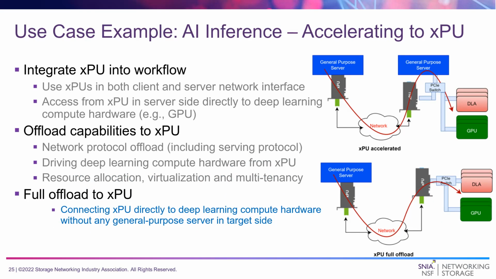Then we'll see what we can accelerate. So again, we'll place the xPUs both on the client side and on the target side. On the client side, all the virtualization and networking and standard offloads that we discussed are already there. On the target side, we can offload the network protocol itself, including the serving protocol, if that's something that can be done in the xPU.